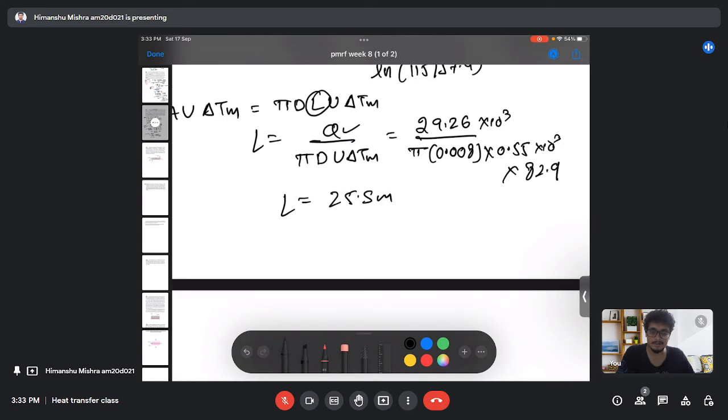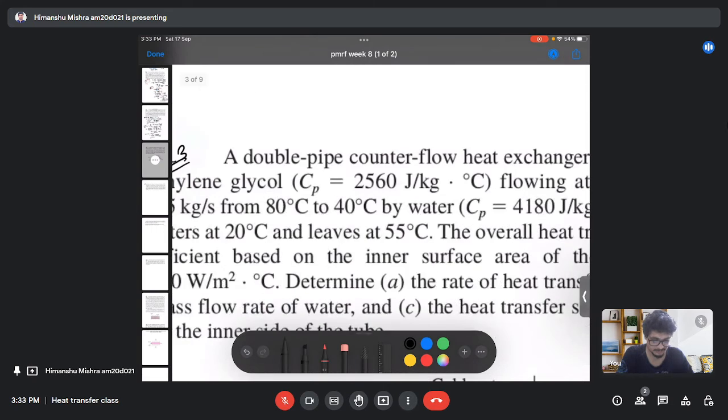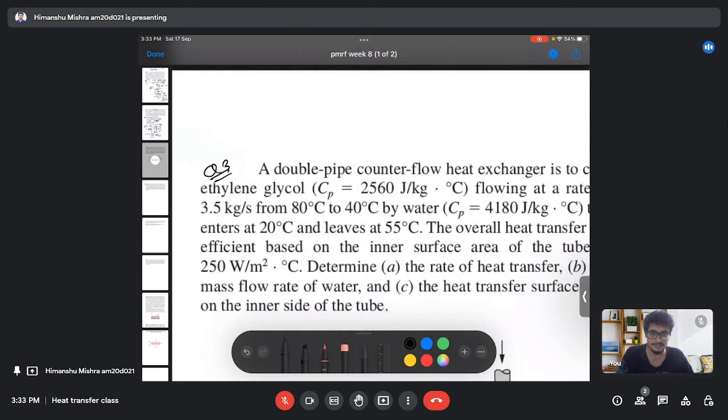So let's solve another problem which is similar to this problem. In this problem, we found the length of the heat exchanger. Let's solve a different question, number 3, where we have to find the area of the heat exchanger.